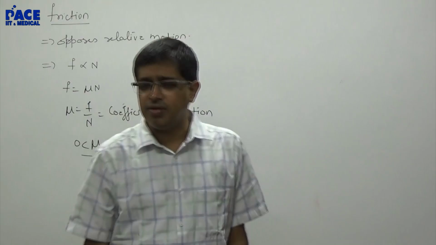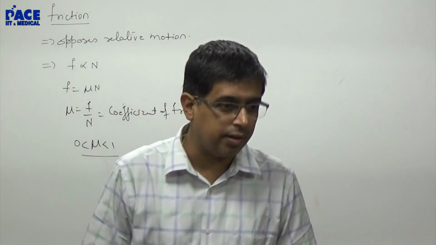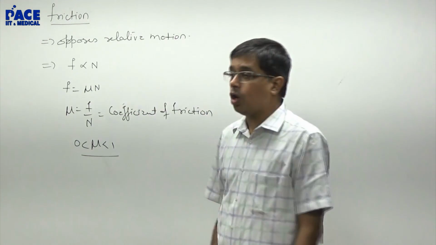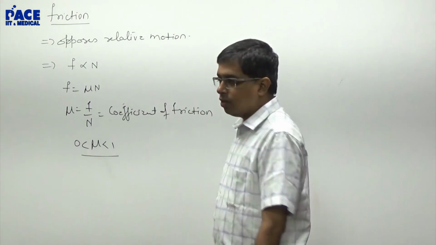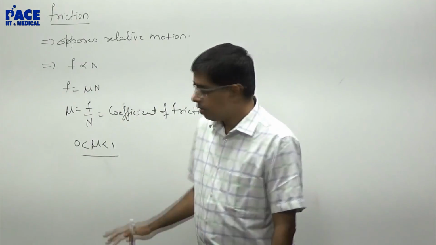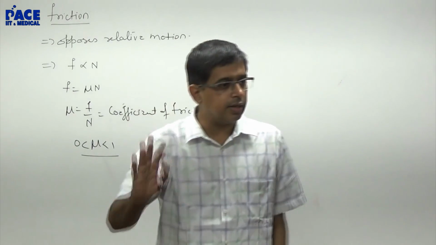Not just theoretically, even in practical situations there can be cases where mu is greater than 1. Over polished surfaces, Fevicol, adhesives, mu will be greater than 1. We will deal with those situations separately. Right now we will deal with situations where mu is less than 1, greater than 0.